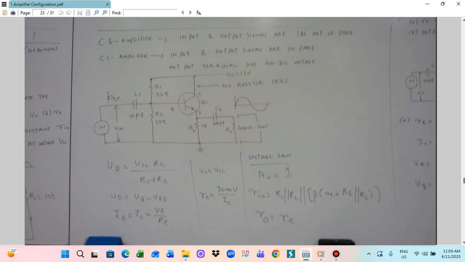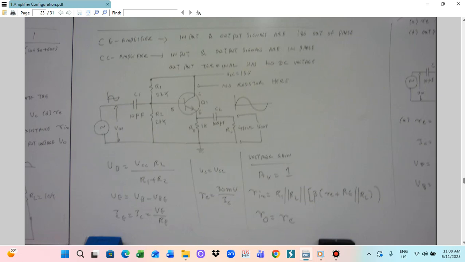In this case, the output signal will be in phase with the input. The CE amplifier output is 180 degrees out of phase, but the CC amplifier output will be in phase with the input. So this is the configuration of the CC amplifier circuit.